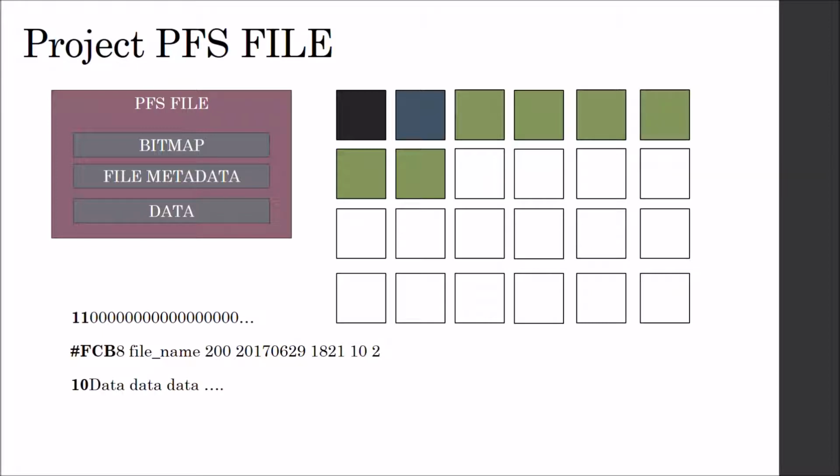For example, we have a block that says 10 followed by data, and 10 points to the next block in the sequence of the file, until of course the last block. The very last block of the sequence contains the pointer 0, 0, and that way the PFS program will know that this is the last block, and here's where we stop.